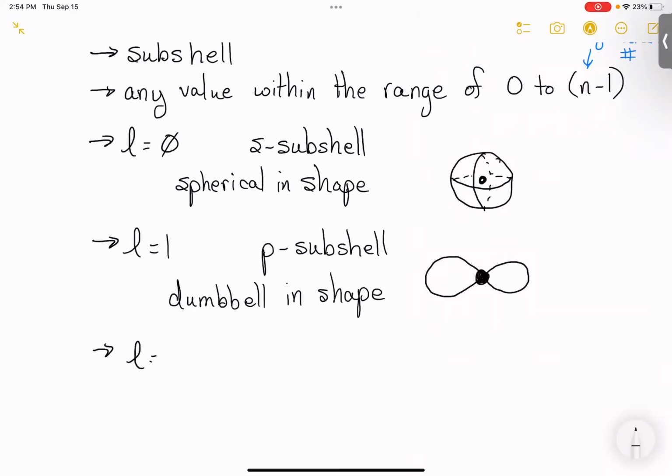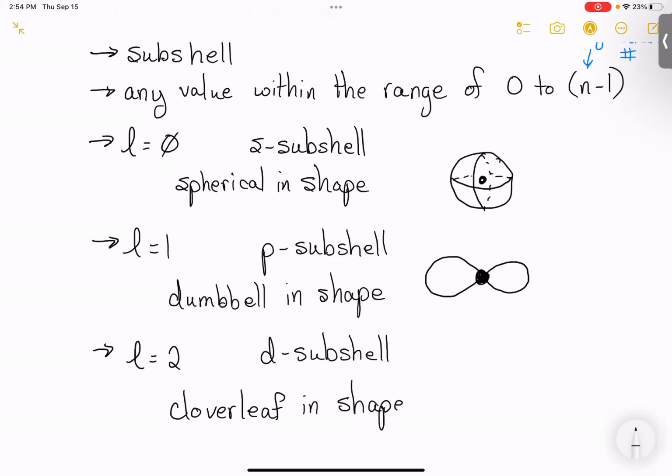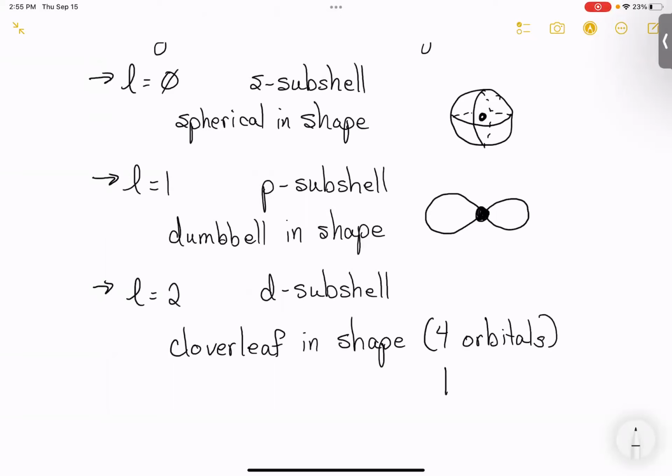When l is equal to 2, we're dealing with the d subshell. The d subshell is cloverleaf in shape, or I should say, to be more specific, 4 of the orbitals are. The other orbital, and we'll talk about the orbitals in a minute, is going to be dumbbell with a donut.